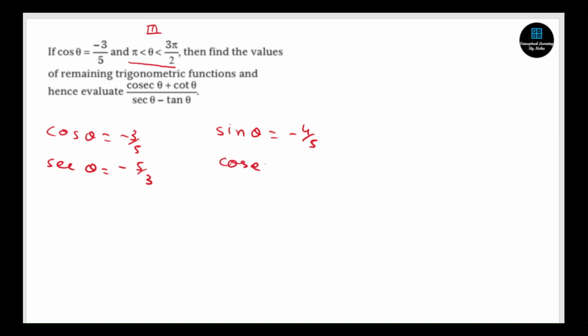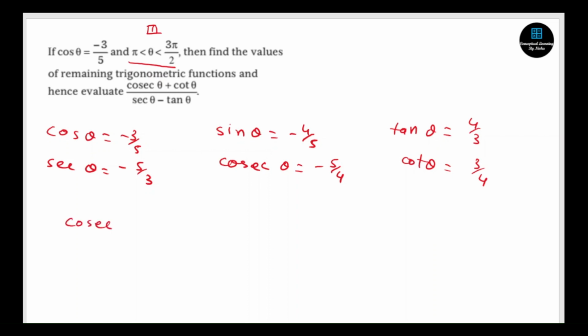Cosec theta, you can show how you get that, okay? Minus 5 over 4. Tan theta is nothing but now a positive 4 upon 3, and cot theta you get 3 upon 4.